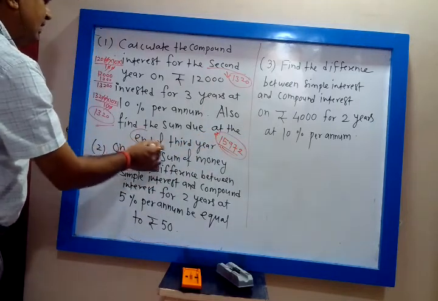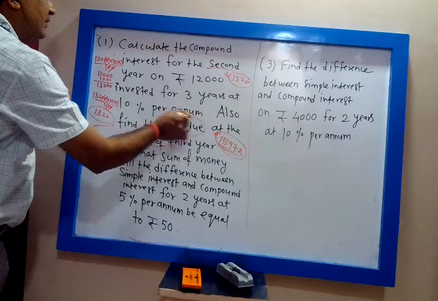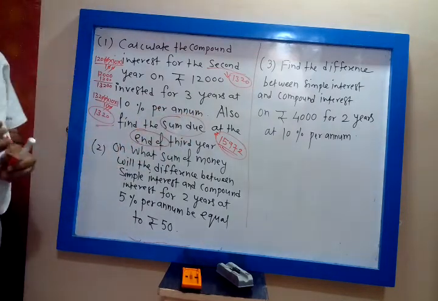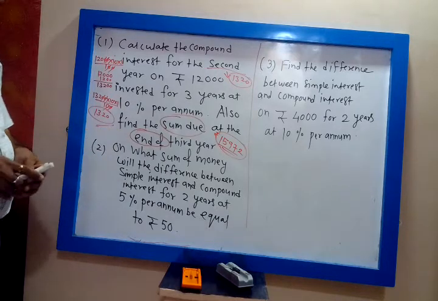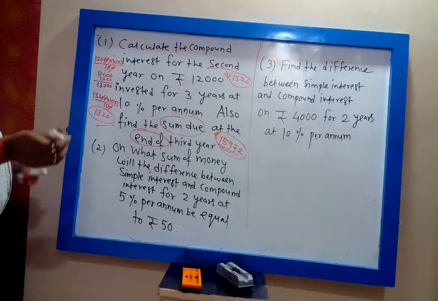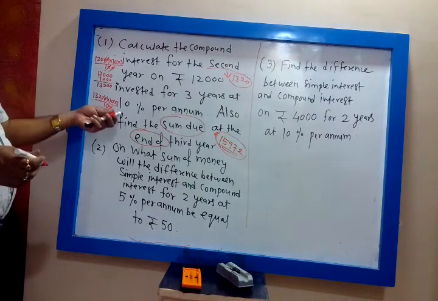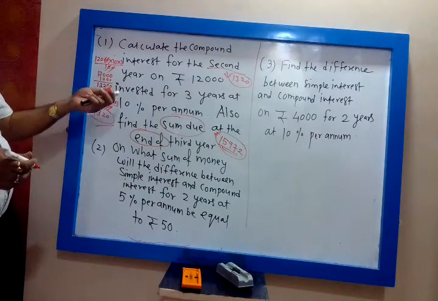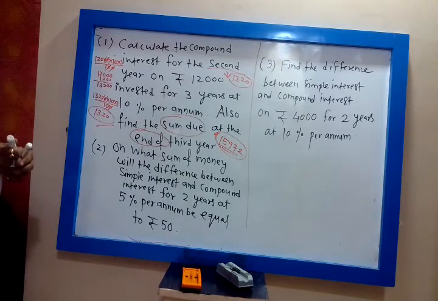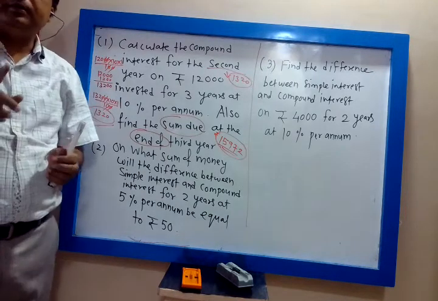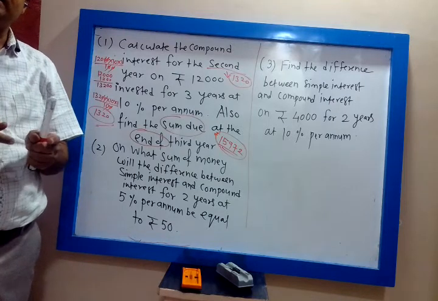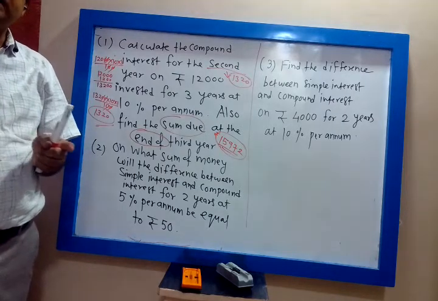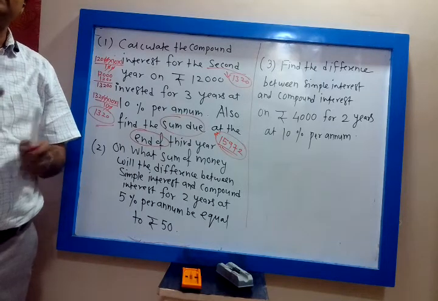The amount due at the end of third year means amount A. So you will find CI for the third year, and then finally A will be P plus CI. And without using the formula, you remember the amount at the end of first year will become the principal amount for the second year, and the amount at the end of second year will become the principal amount for the third year. That you remember.